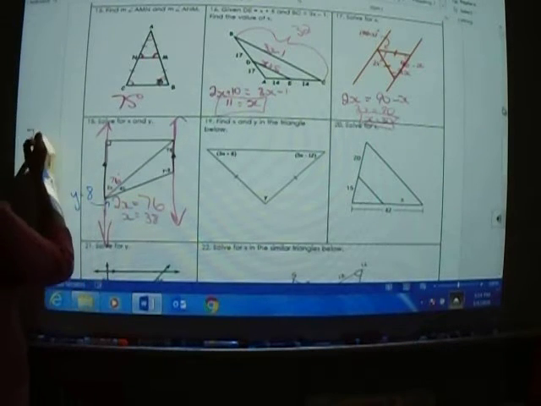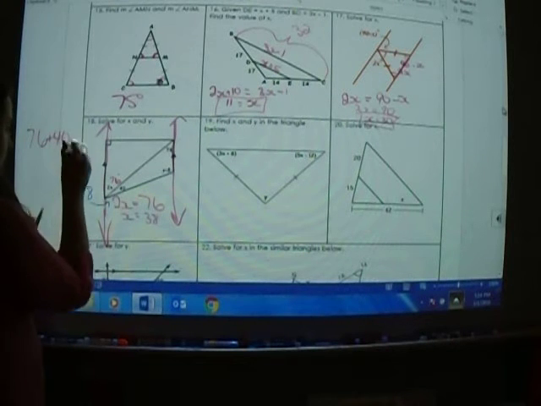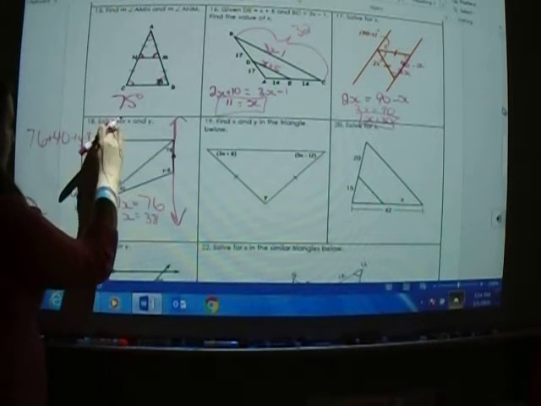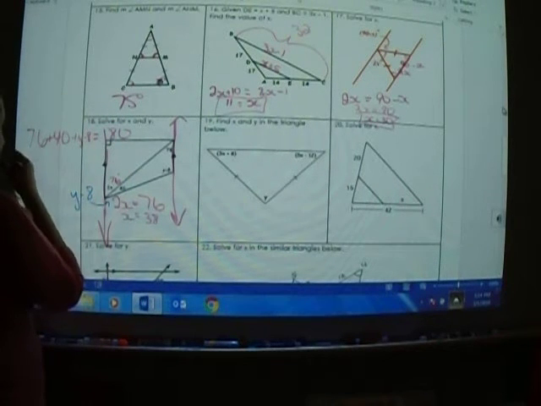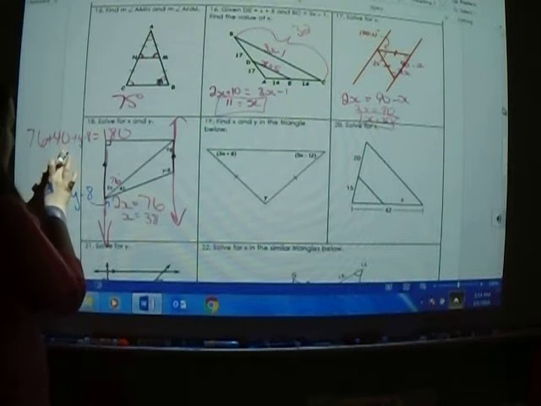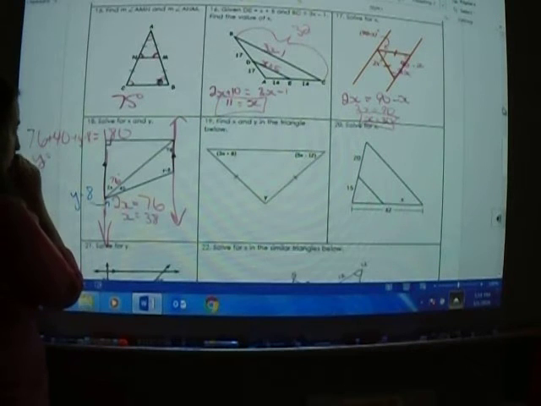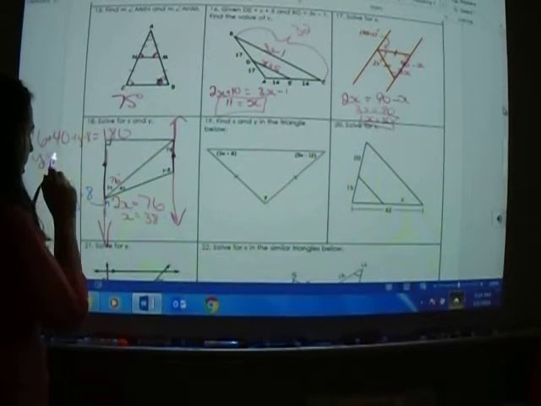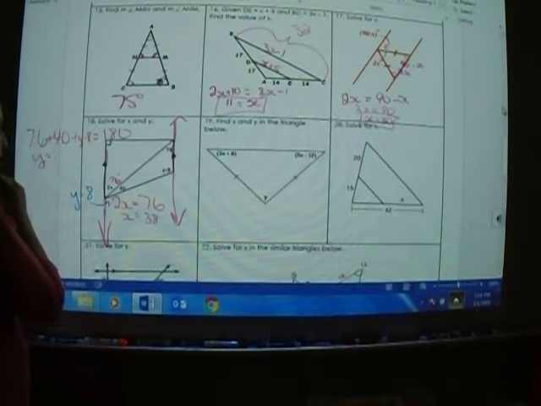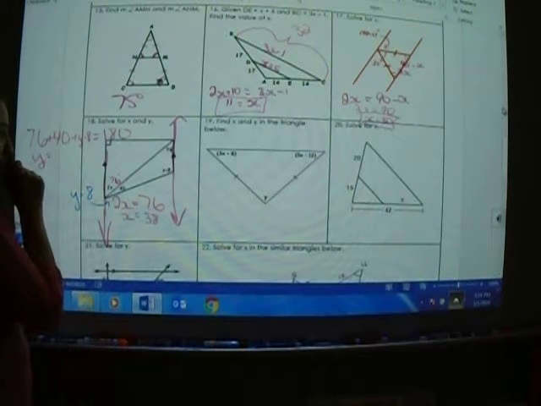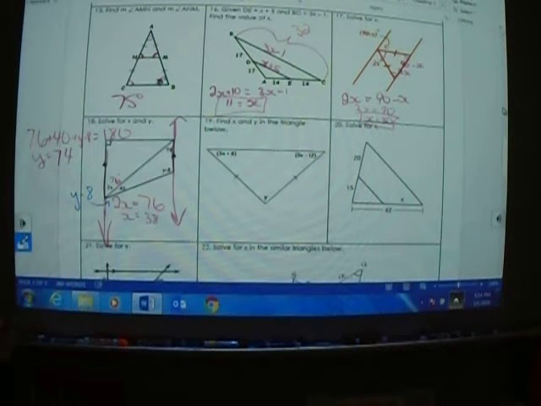So 76 plus 40 plus y minus 8 equals 180. So we end up with 116, 108. So y equals 180 minus 108, which is 74. Okay? Great.